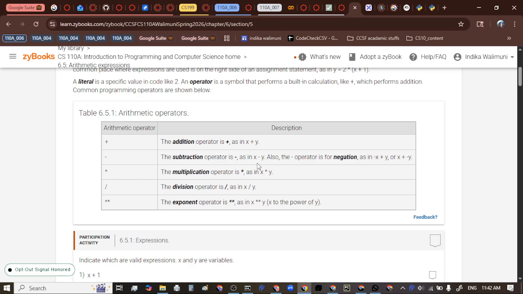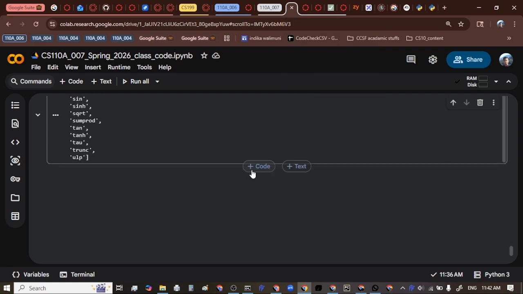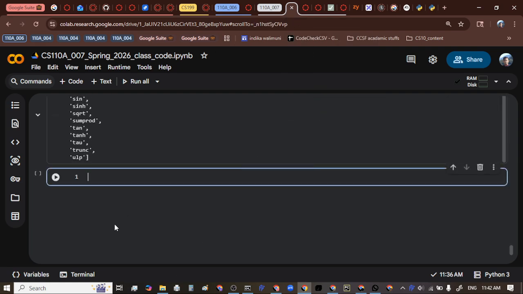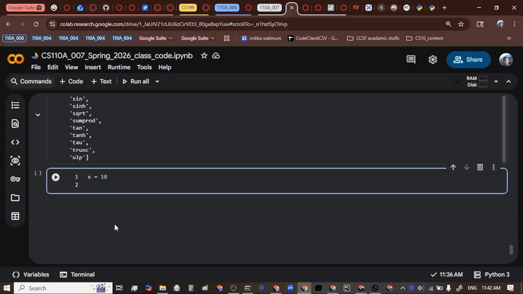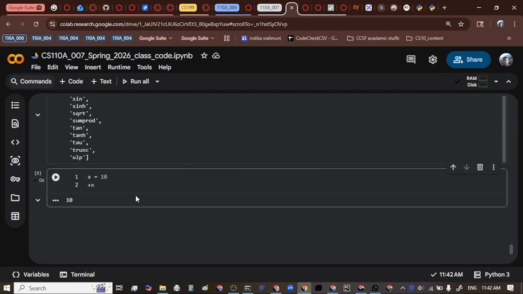You can also write it if you want. For example, x equals 10, and then you can print plus x, and it's still 10.